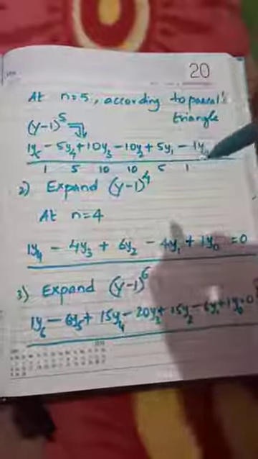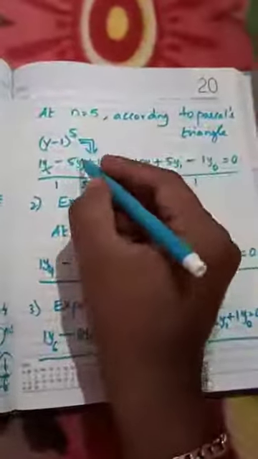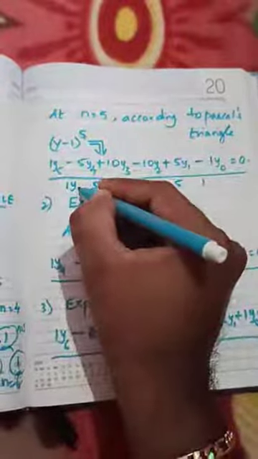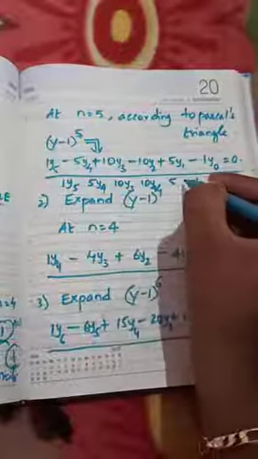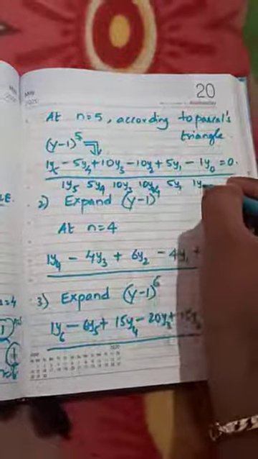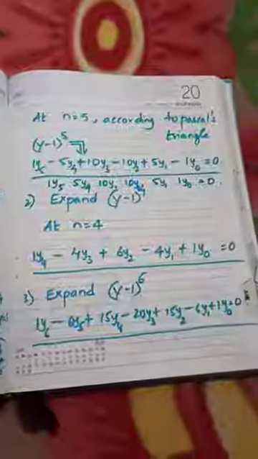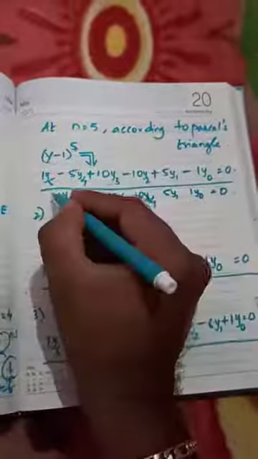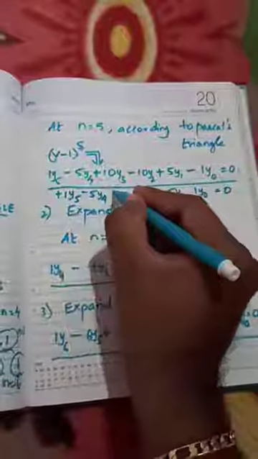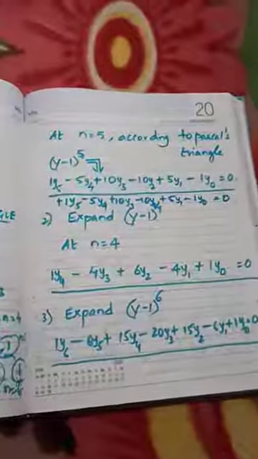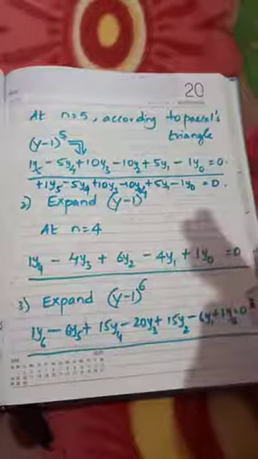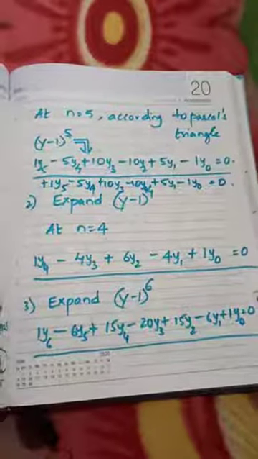So you write at n equals 5 by using Pascal's triangle this line. Now make entries y5, y4, y3, y2, y1, y0 equated to 0, and then plus, minus, plus, minus, plus, minus. This way the expansion has to be written.